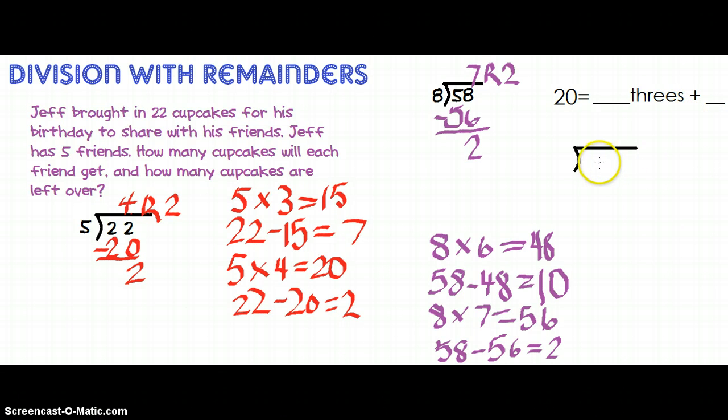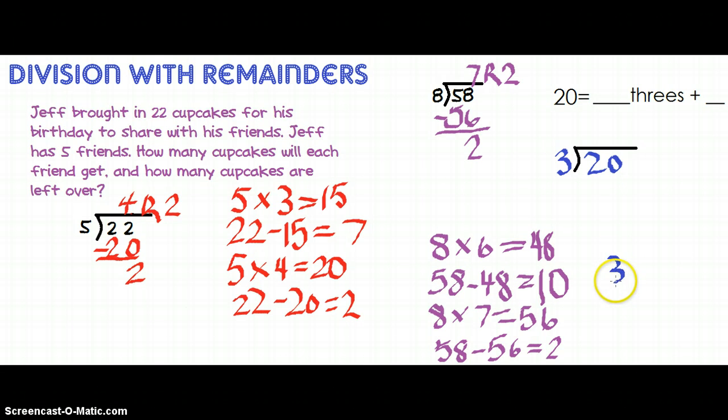So we just write this as a division problem. We say 20. We're dividing it into 3's. We want to know how many times 3 will go into 20. And then we work our problem out. I make a good guess. I'm going to guess that 3 will go into 20 6 times.